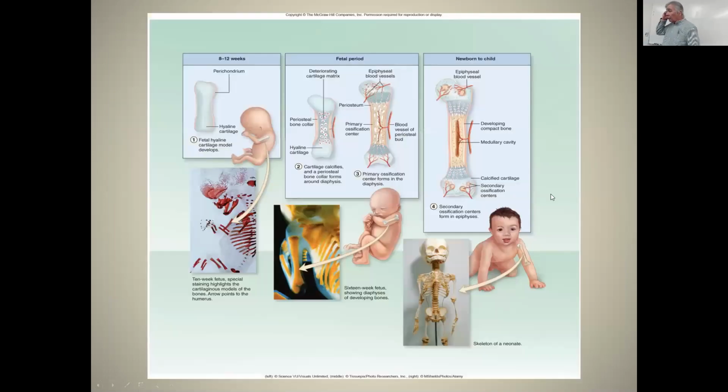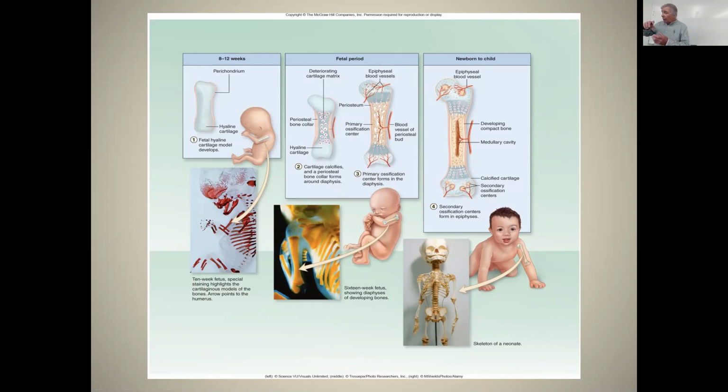But then endochondral is starting with hyaline cartilage as your fetus, like your arm bone, fetal hyaline cartilage, and an ossification center starts in the middle of the bone in the diaphysis, and then there are secondary ossification centers. So primary in the diaphysis and then secondary ones in the epiphysis.